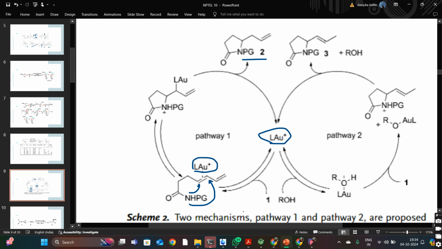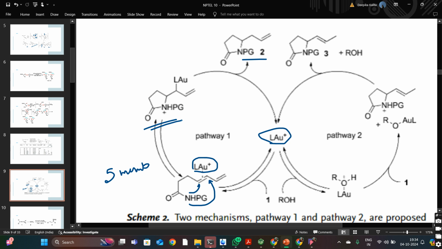Okay, but if you notice the stability of 5-membered versus 6-membered cycle, always remember that 5-membered ring cycles are formed preferably. Okay, so in this case also the 5-membered ring will form preferably by the attack of the amine to the gold activated diene.